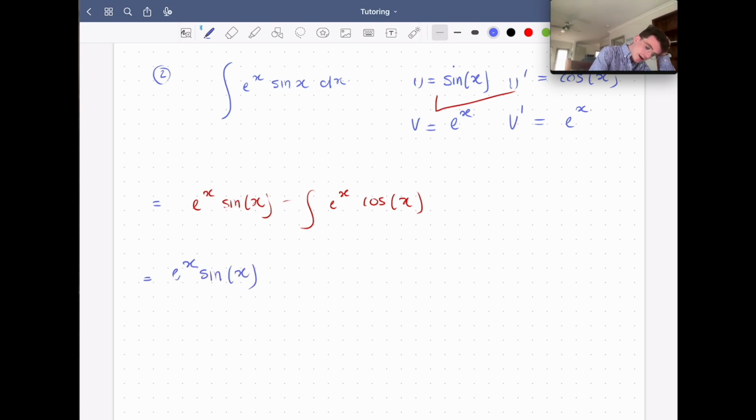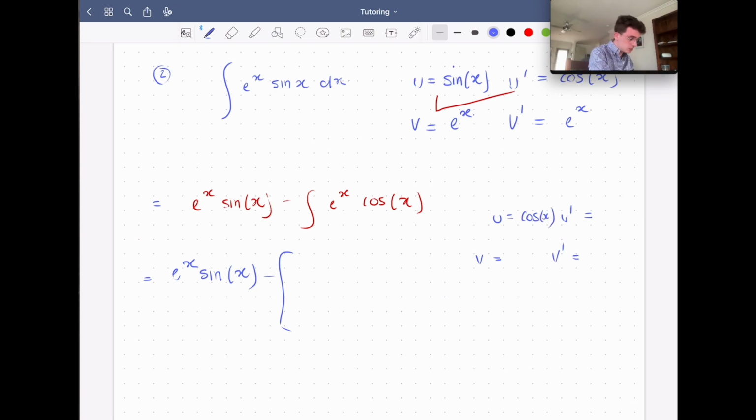by parts again, minus, big brackets, u equals e to the x, u dash, we've got v dash equals cos of x, and v is equal to. So again, actually we might swap these around because it's a bit easier to differentiate cos of x.